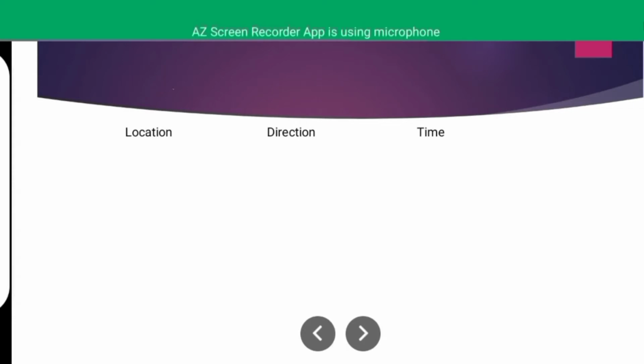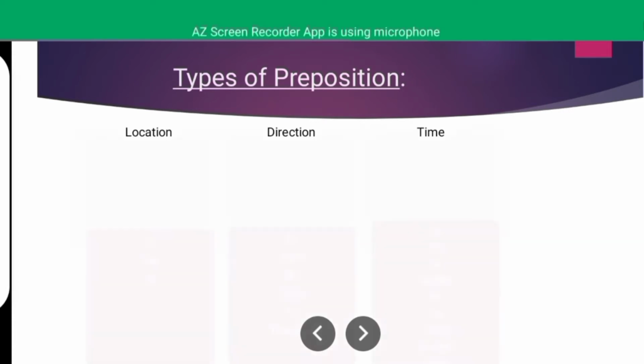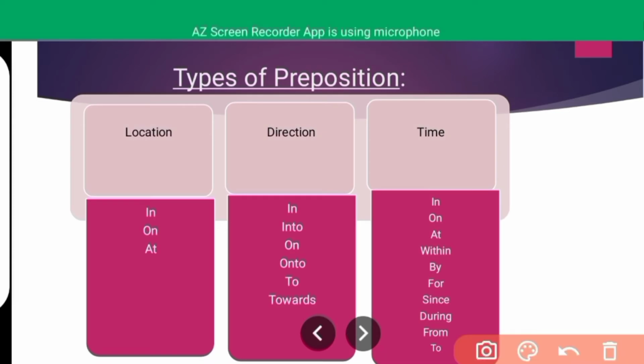Now it's time to check out types of preposition. Prepositions are categorized into three different categories: location, direction, and time. Preposition of location include in, on, and at.